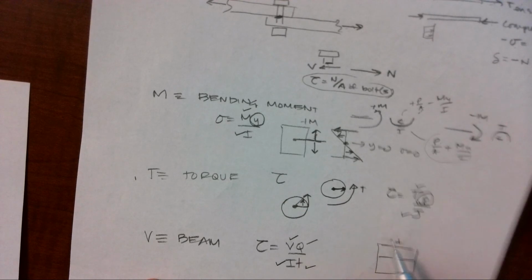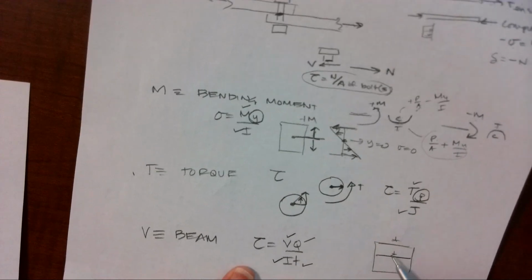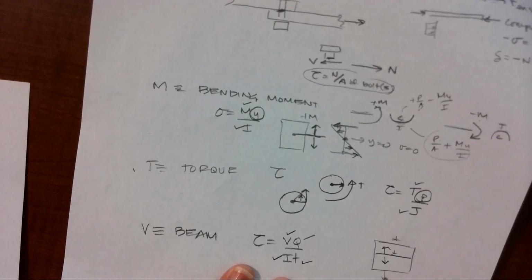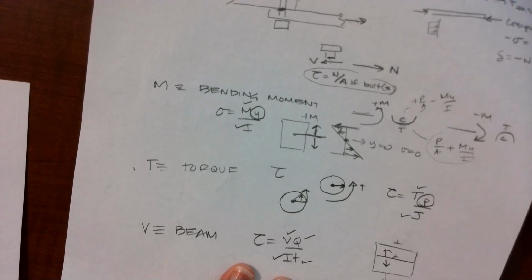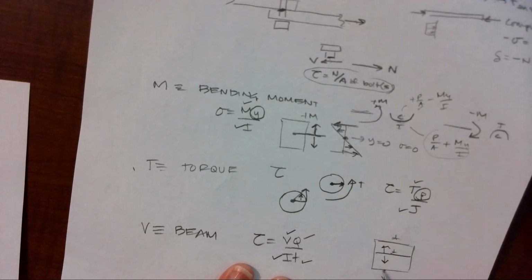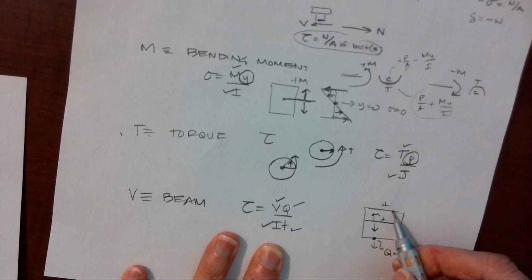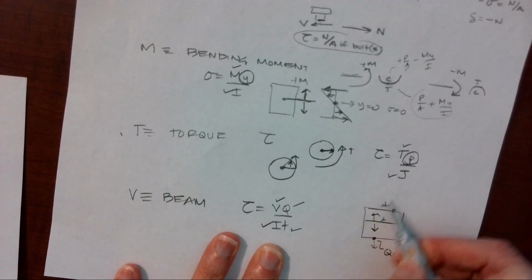Q is, remember, the moment of an area. It's the area beyond that fiber. When I get all the way to the bottom, there's no more area beyond that fiber that I'm trying to hold on to. So when I look down here, Q equals 0. When I look at the very top, there's no material I'm trying to hold on to.